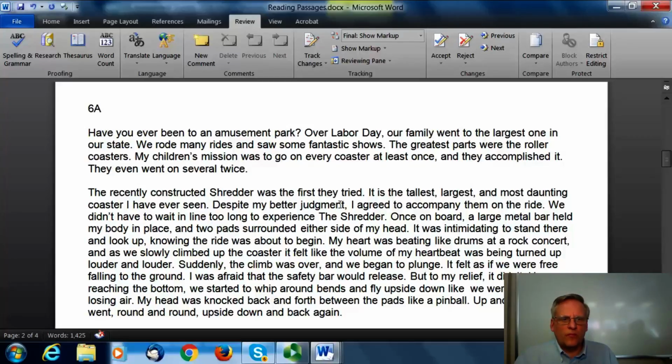We did have to wait in line too long to experience the Shredder. Once on board, a large metal bar held my body in place, and 2 pads surrounded either side of my head.